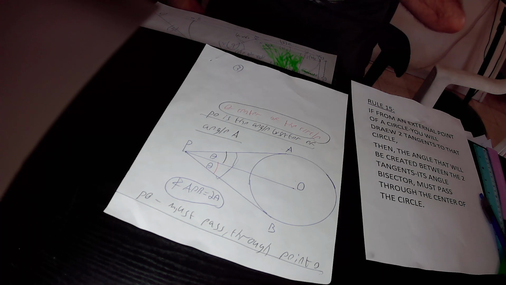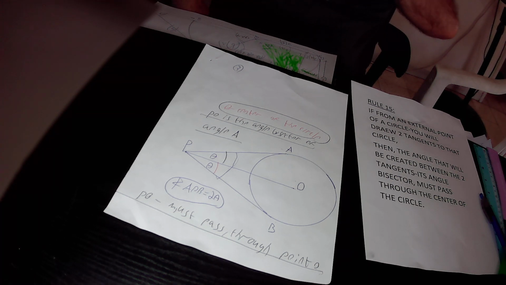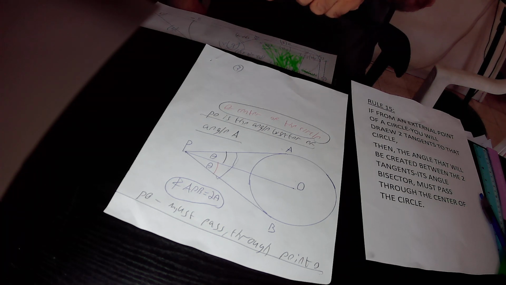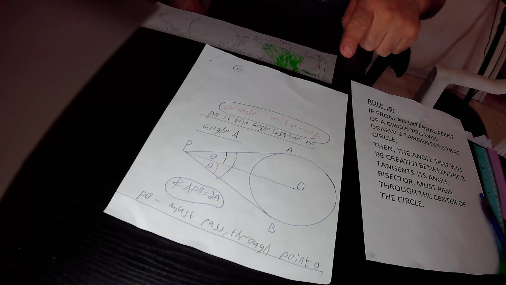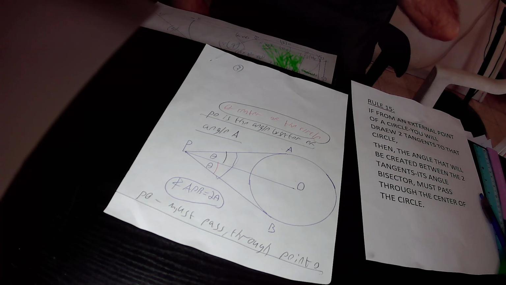So whenever you draw two tangents to a circle from any common external point, you get an angle, and the angle bisector of that angle must pass through the center of the circle.